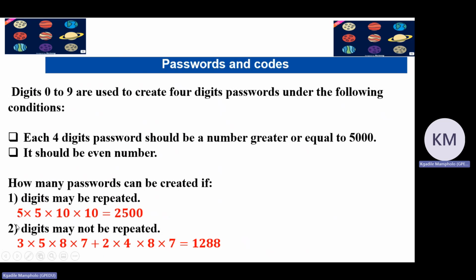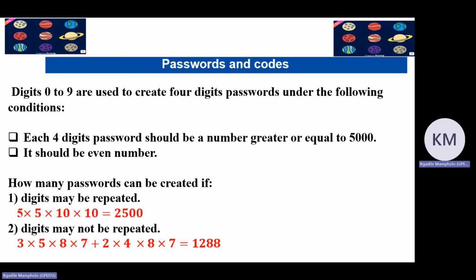These 5 represent the numbers that can possibly be at the beginning of each 4-digit password, for it to be greater than or equal to 5,000. Otherwise, if the first one is 4, that 4-digit password will not be greater than or equal to 5,000.